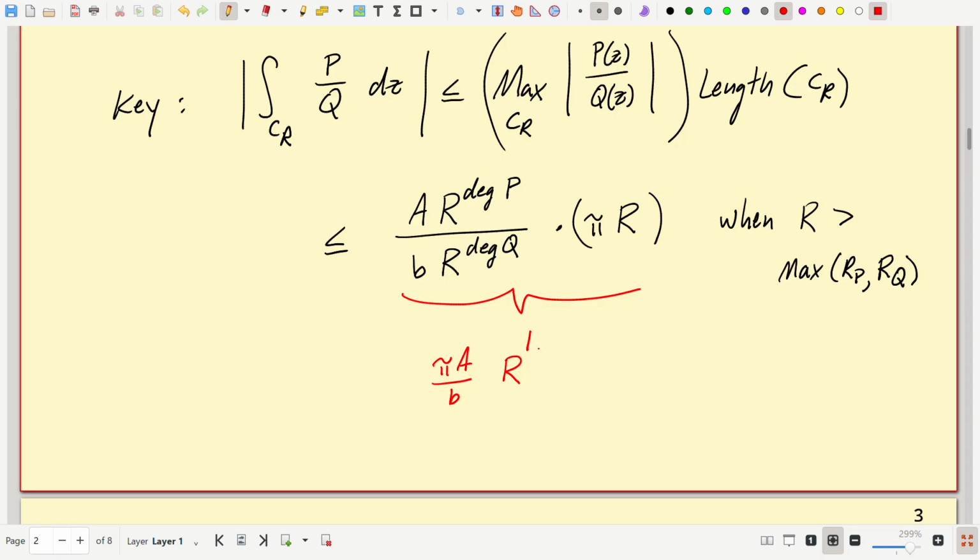That gives me another 1 here. 1 plus the degree of P minus the degree of Q. And remember, that number is greater than or equal to 2, because the degree of P is at least 2 bigger than the degree of Q. So this number in the exponent, let's see, it's 1 plus that, so that's greater than or equal to 1.